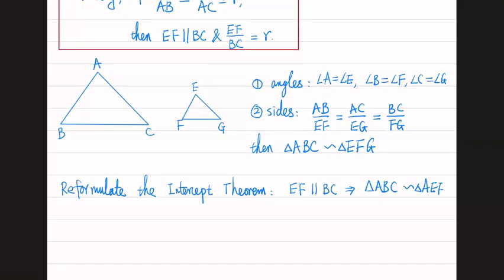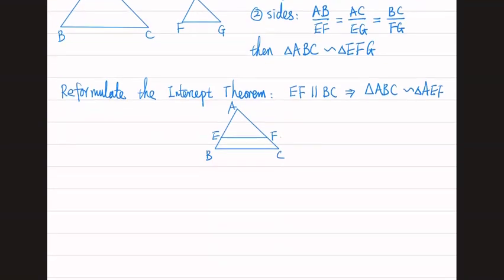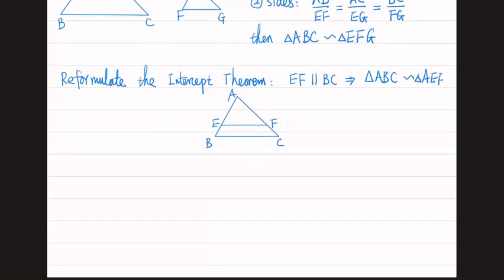Okay. We reformulated the intercept theorem. And now we can see the structure of our theorems.